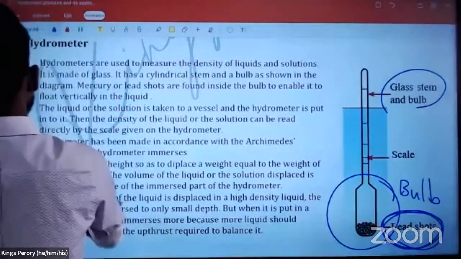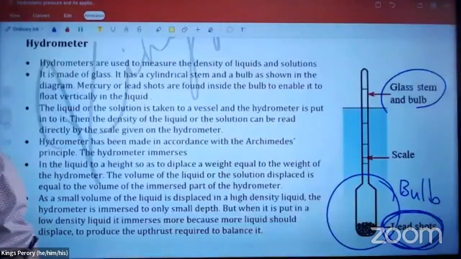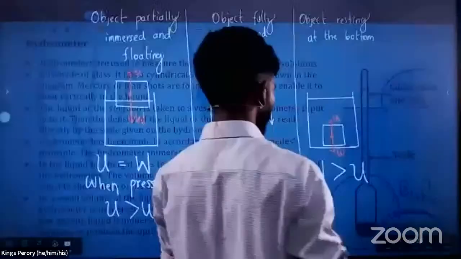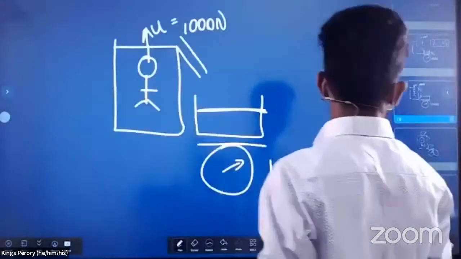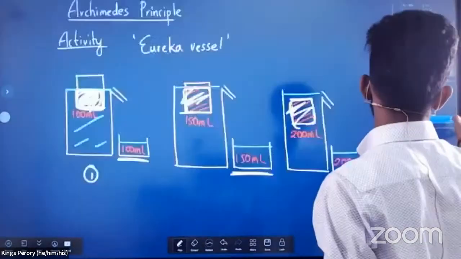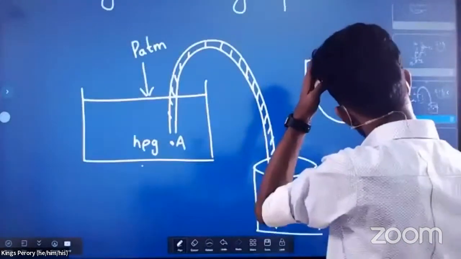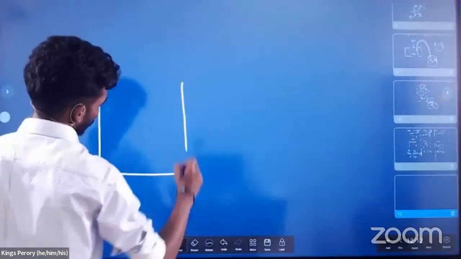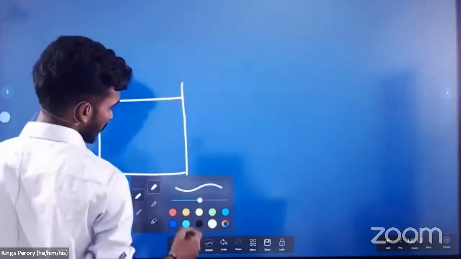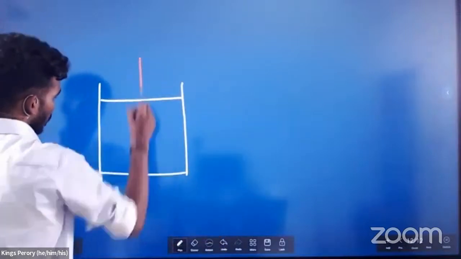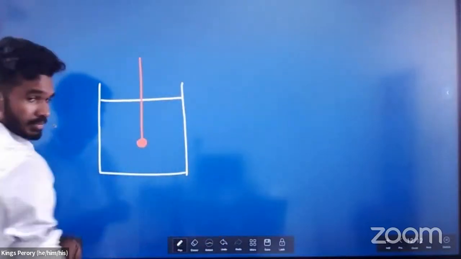Now, how do you measure the density? You take the hydrometer and put it inside the liquid.